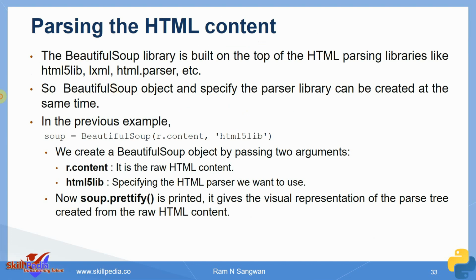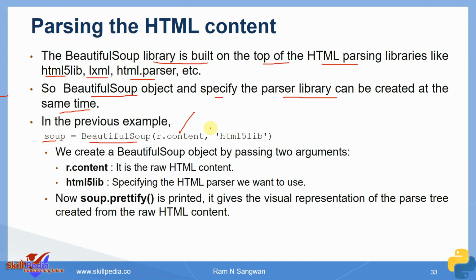Parsing the HTML content: the BeautifulSoup library is built on top of HTML parsing libraries like html5lib, lxml, html.parser, etc. So a BeautifulSoup object and the parser library can be specified at the same time.